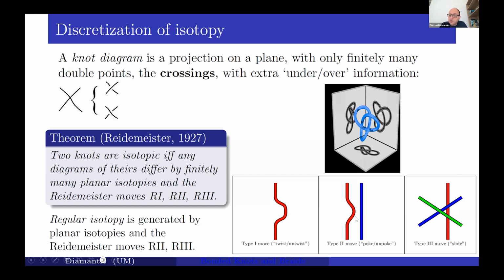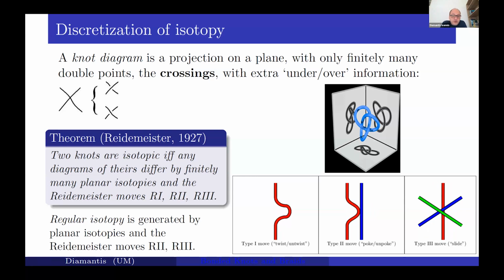You have the type 2 moves, where you have 2 strands and one can go below the other or above the other. And the type 3 move, which is usually called the slide move, because one strand can travel from one side of a crossing to the other. These 3 moves together with planar isotopy give rise to isotopy in R3 or S3. This is how it is translated, to be exact.